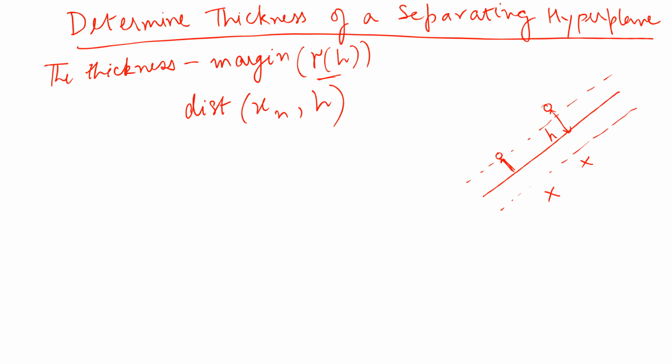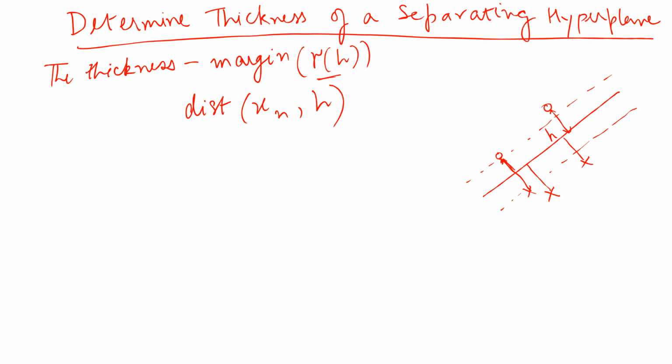Now, if we're considering all these distances, which one will impact my thickness? Well, my thickness or my fatness, whatever you like to call it, is impacted by that one point that is the nearest, or one or two or however many points are the nearest, because beyond that I don't care. My thickness will be determined by that particular point, or those set of points.